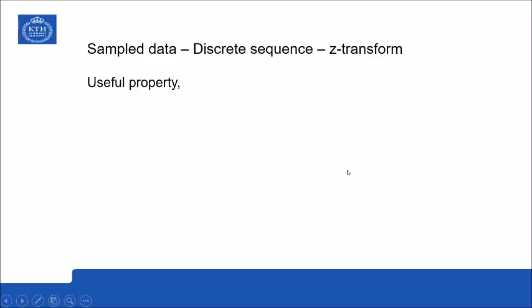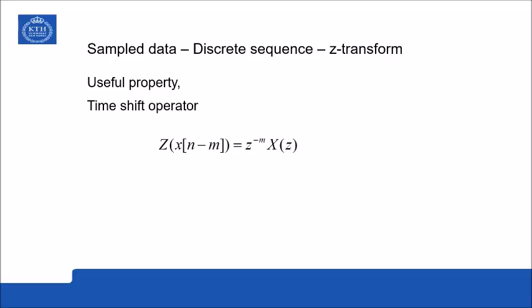To continue, we have a very useful property of the Z-transform, and that is the time shift operator. If we shift the signal sequence m samples, then we obtain its Z-transform by multiplying the original Z-transform with Z raised to the power of minus m.